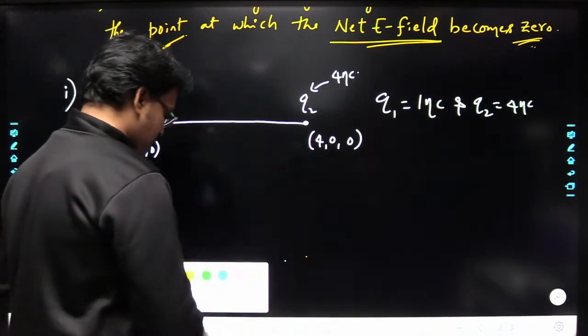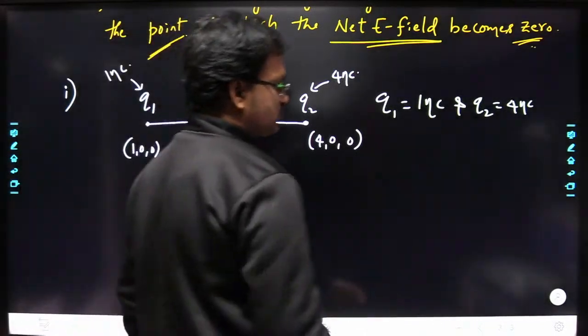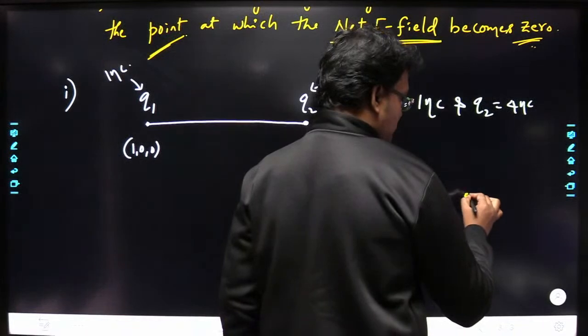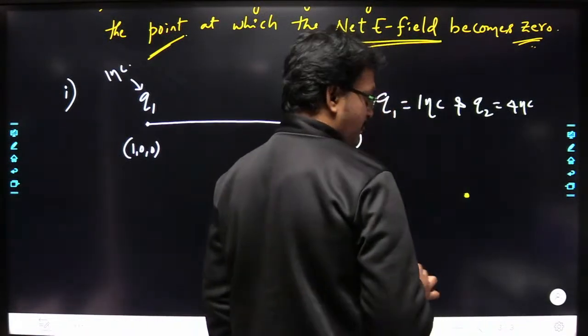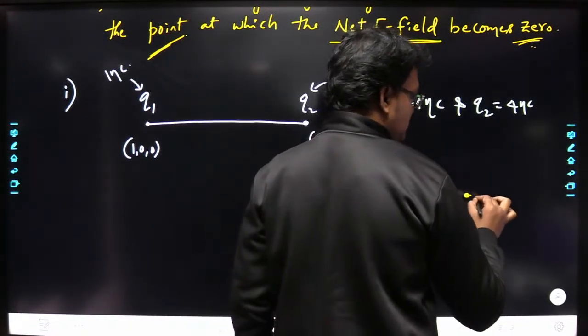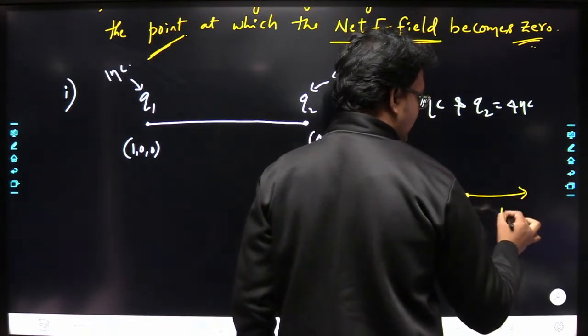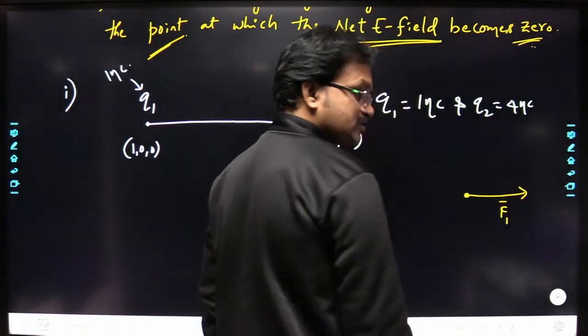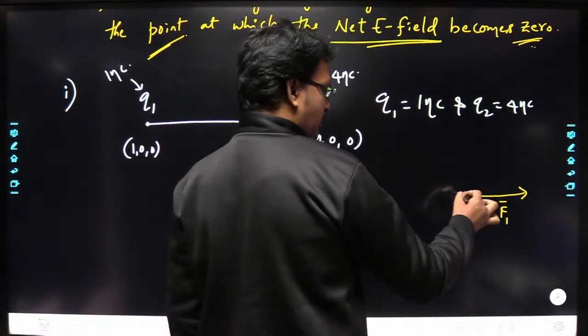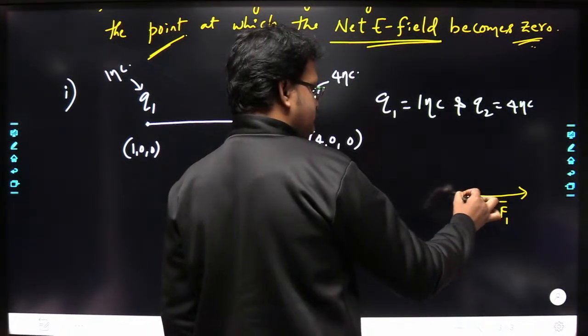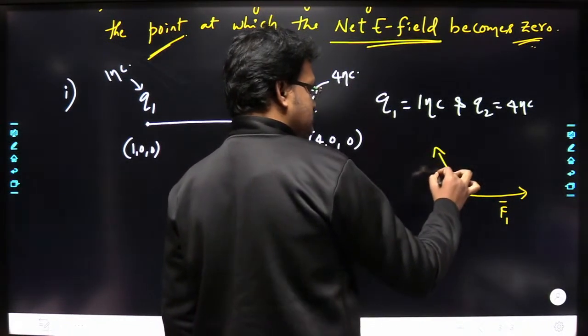Now see here, if I consider some point, at that point let us assume some force is acting in this direction, and at the same location let us assume some other force is acting in this direction.